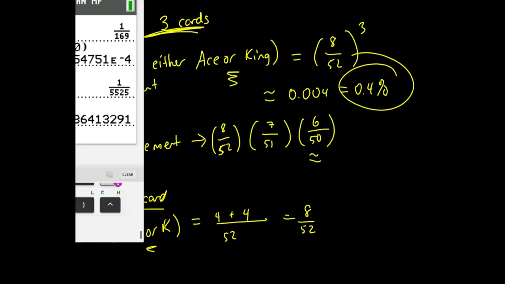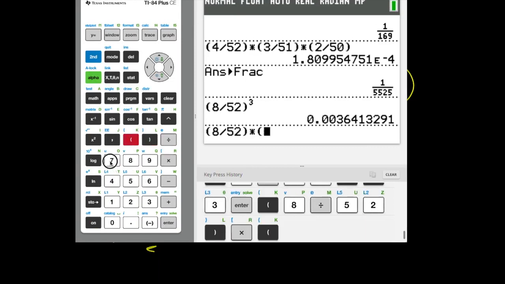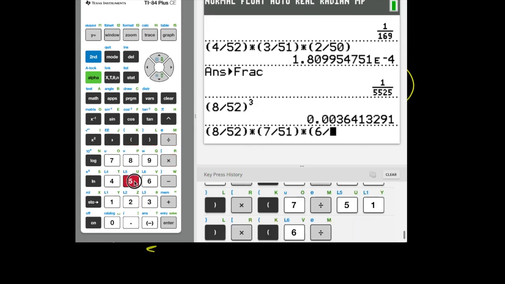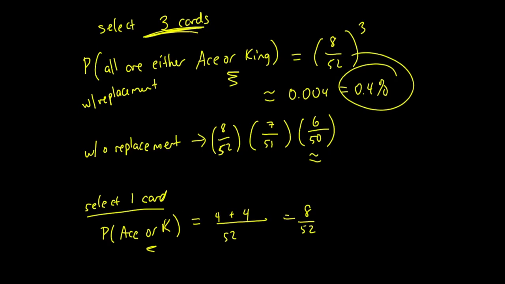So let's see what that is. 8 out of 52. So that's 8 divided by 52 times 7 divided by 51 times 6 divided by 50. And I'm going to keep that in decimal form. So 0.003. So approximately 0.003 or 0.3%. I want you to notice that without replacement, the probability decreased.